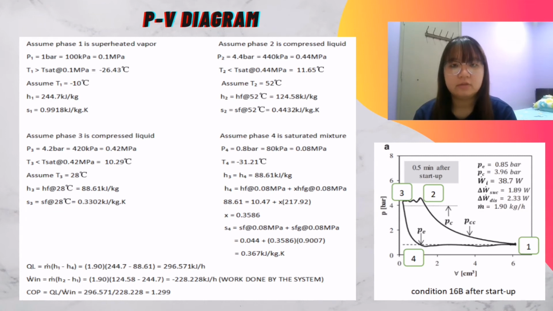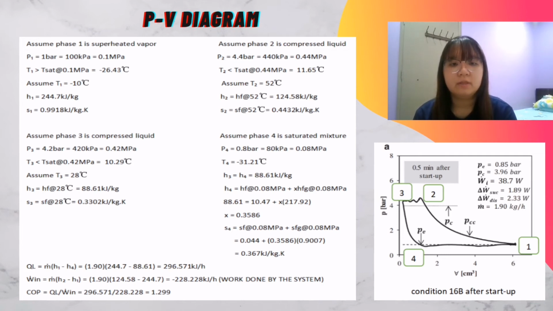Assume phase 4 is a saturated mixture, P4 equal 0.8 bar equal 0.08 megapascal. In this condition, H3 equal H4 equal 88.61 kJ per kg. In this condition, we should find quality X to get S4 by substituting X in the saturated mixture equation.